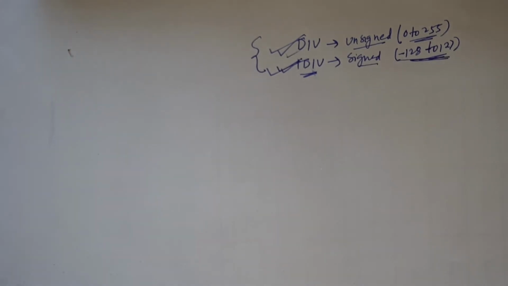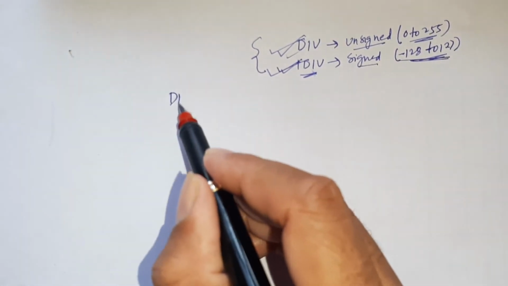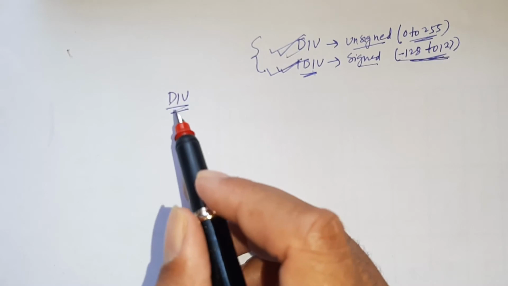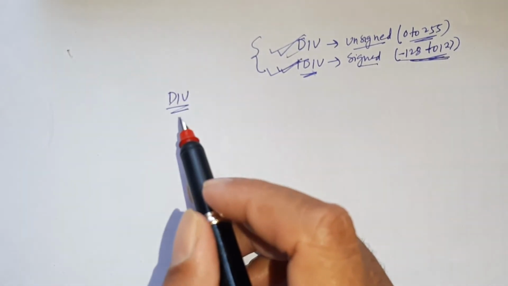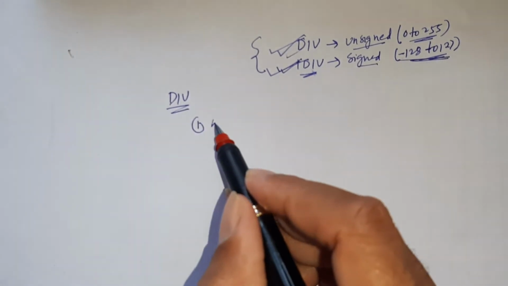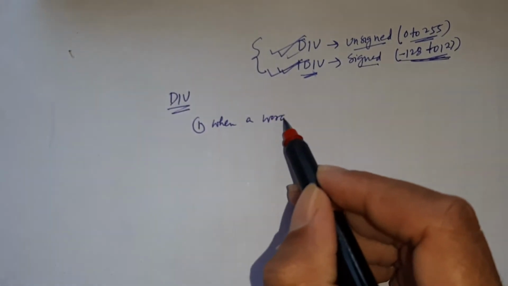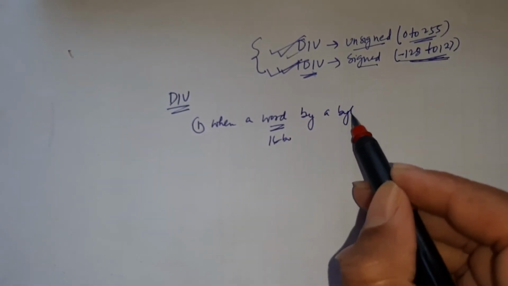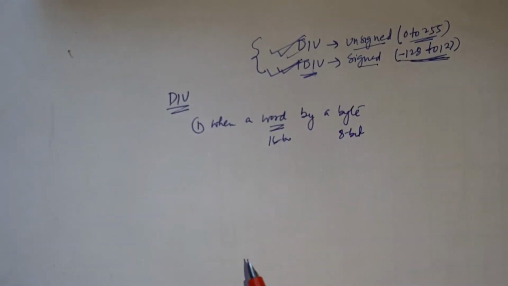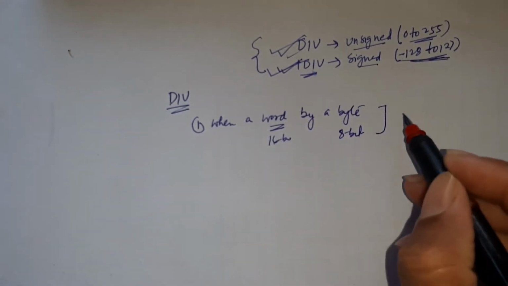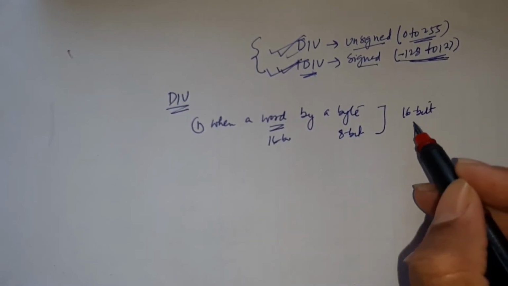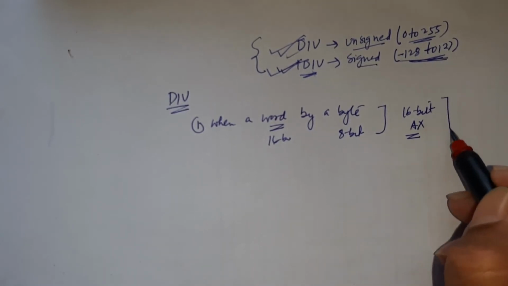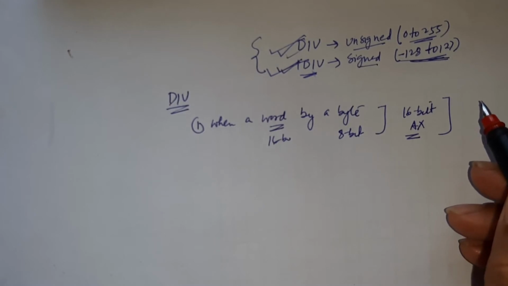Firstly, I am talking about DIV, and whatever I discuss is applicable for both DIV and IDIV. First, when a word, meaning a 16-bit number, is divided by a byte, meaning an 8-bit number, the 16-bit number must be in AX, and the divisor can be in any register or memory.